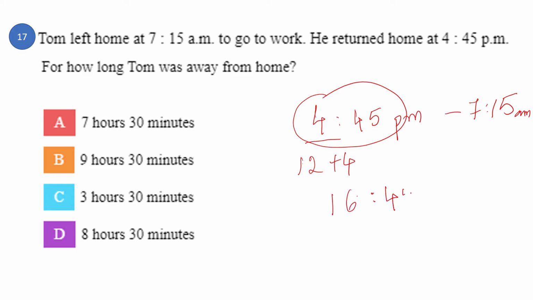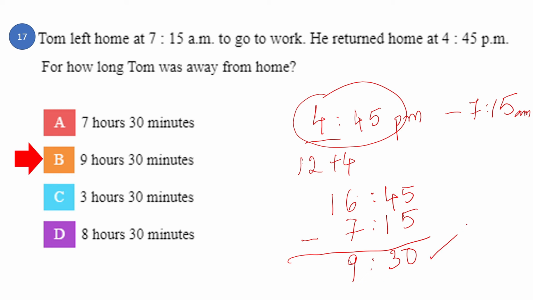From that, you subtract 7:15 hours. So this gives us 30 minutes, and here 16 minus 7 is 9. So 9 hours 30 minutes is your right answer. So remember, AM does not need to be converted, but PM can be converted into hours by adding 12 to the hours passed by.